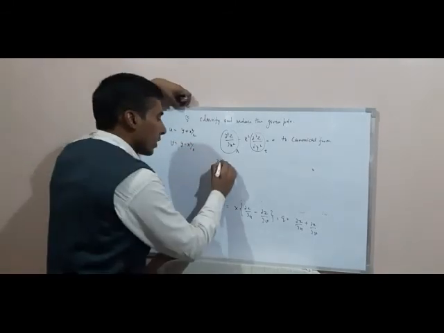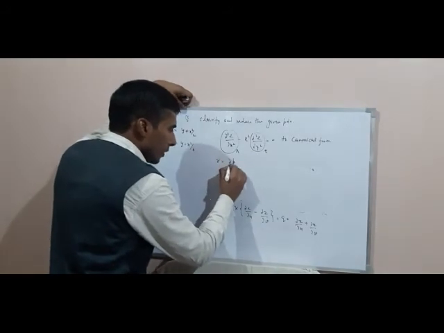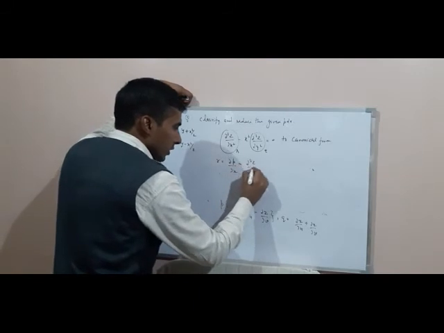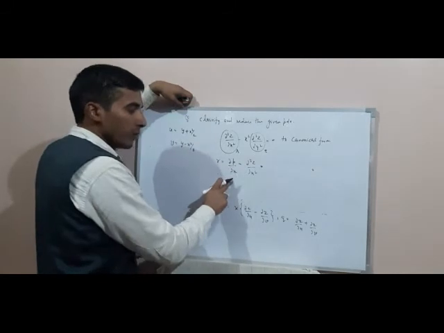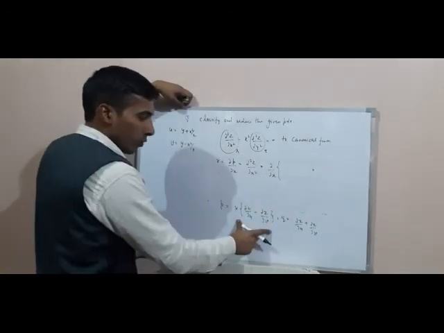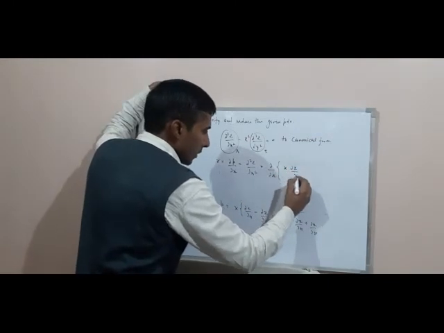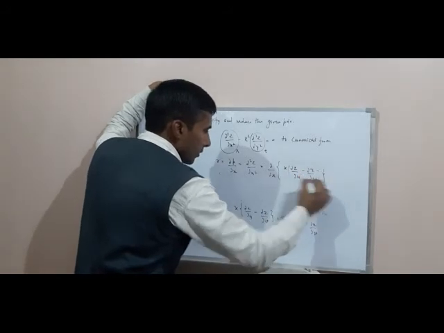Now what is r? r is the partial derivative of p with respect to x, which can be written as ∂²z/∂x². Now the partial derivative of p with respect to x means ∂/∂x of x(∂z/∂u minus ∂z/∂v).